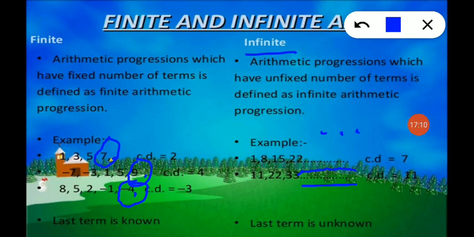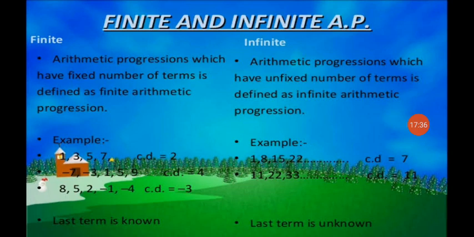But in case of finite, as I said, there will be one dot, a full stop, so we can find the last term in a finite AP. But in an infinite AP we cannot find the last term. In a finite AP the last term is known, in an infinite AP the last term is not known to us.